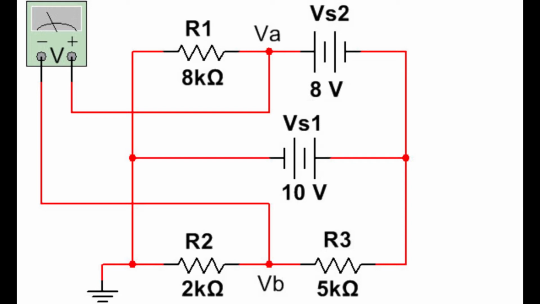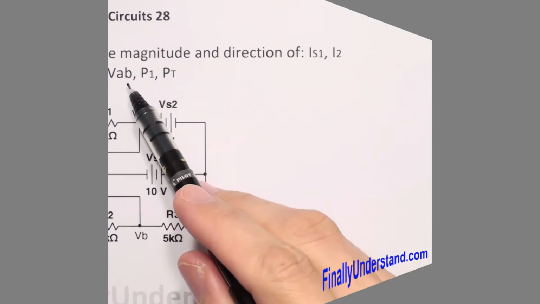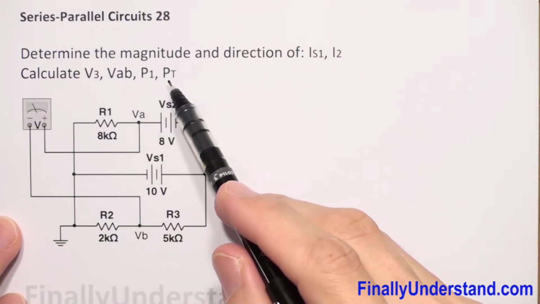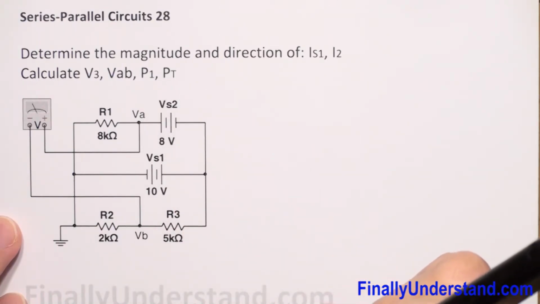Let's take a look at this example. We're supposed to find the following currents, voltages, and powers.